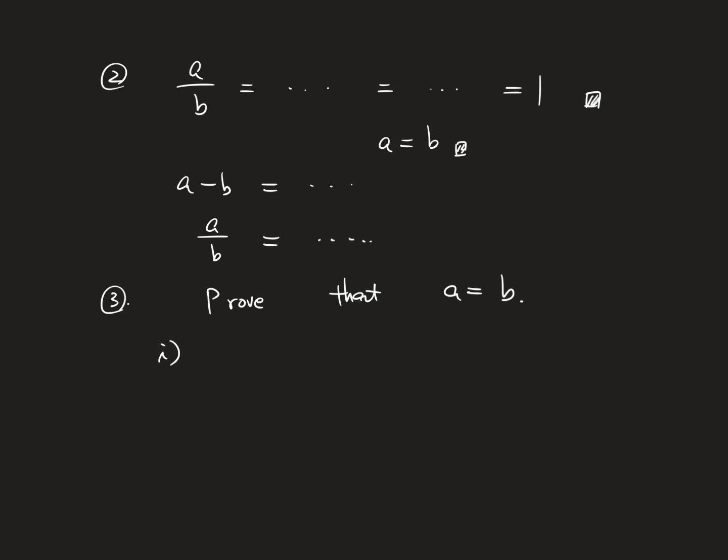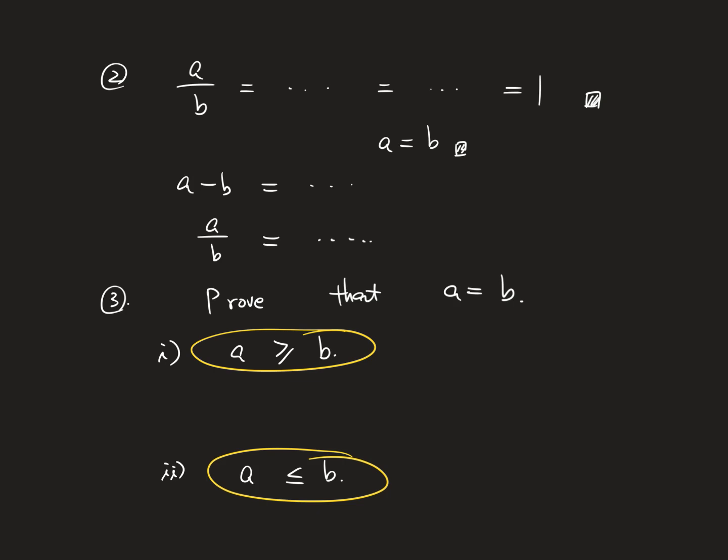First, you prove that A is greater than or equal to B, and second one is you need to prove that A is less than or equal to B. If you prove this one and this one, then you can say that A is equal to B.